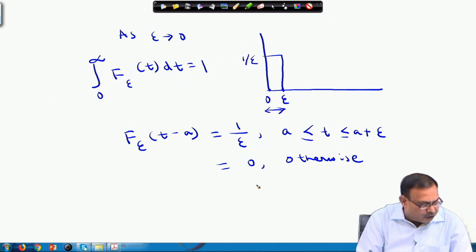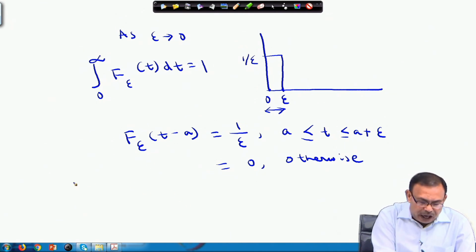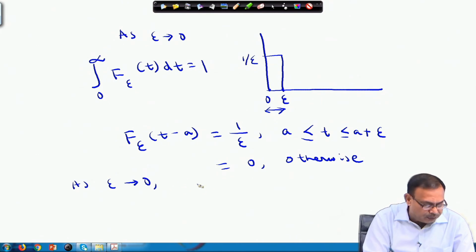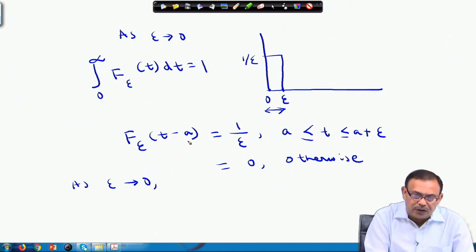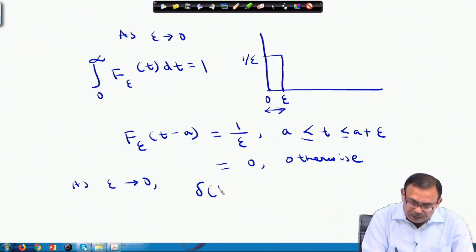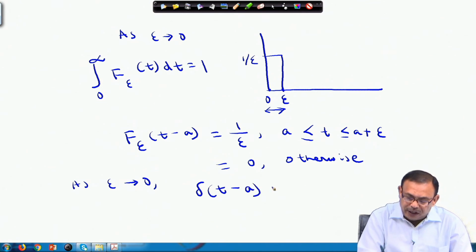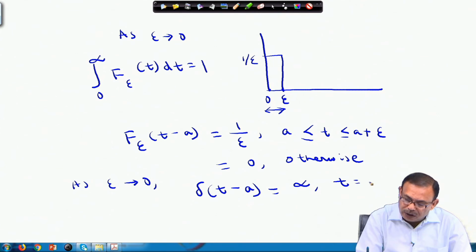If epsilon approaches 0, then what will happen? This f epsilon t minus a is known as the Dirac delta function, which we sometimes denote by delta t minus a. This equals infinity when t equals a and 0 for t not equals a.